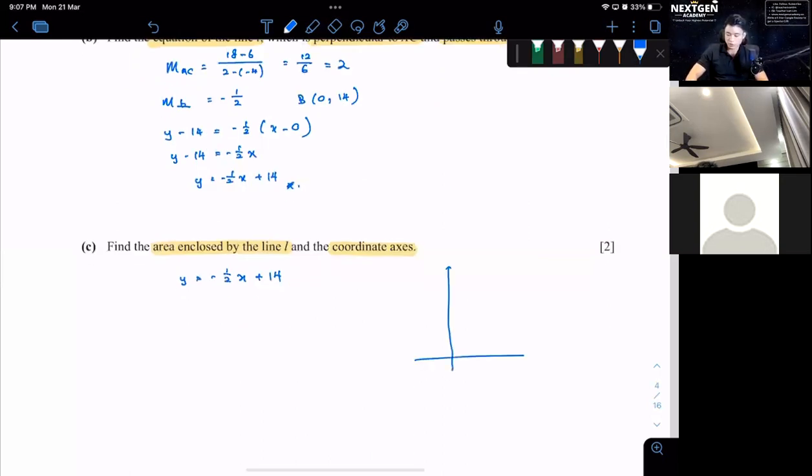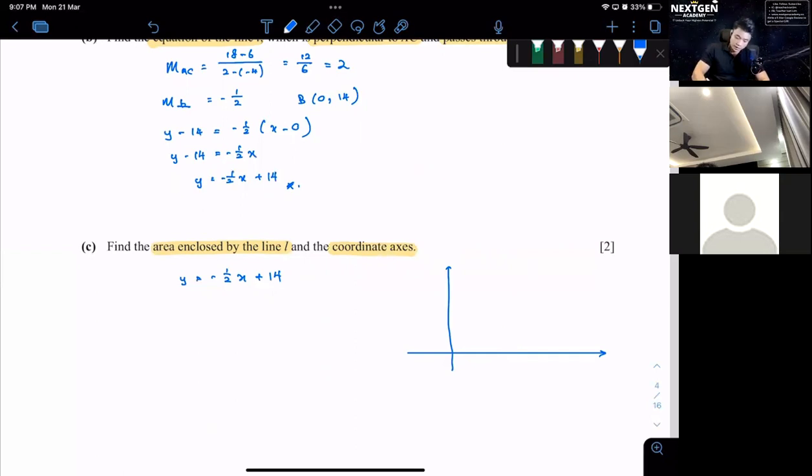So I like to draw this out first so at least I can visualize it clearer. Negative half means going down. We can find the x-intercept and y-intercept first.